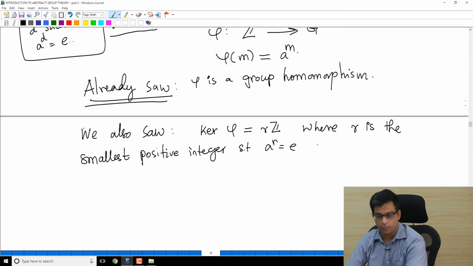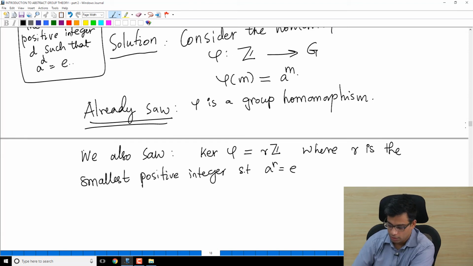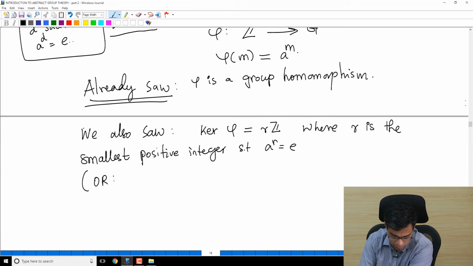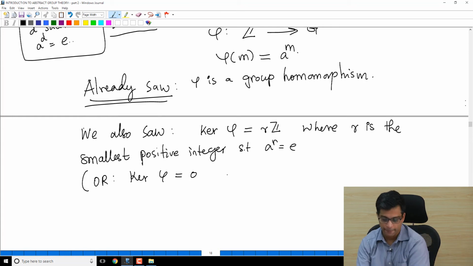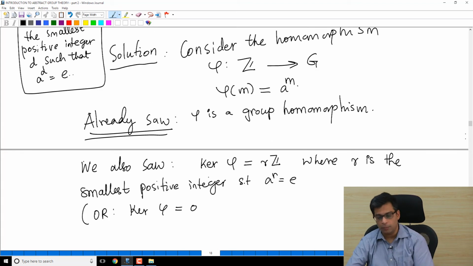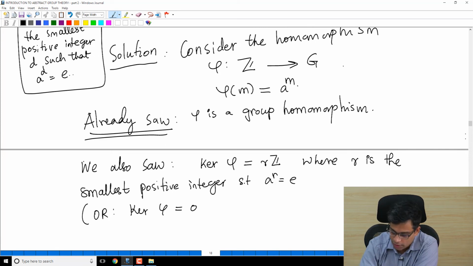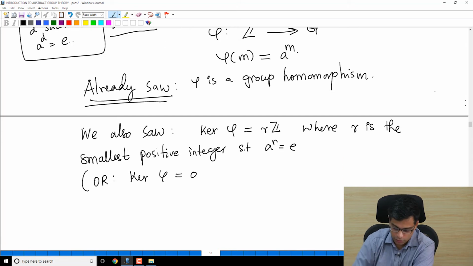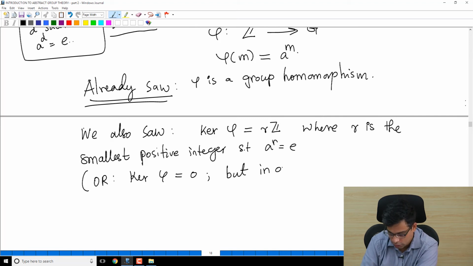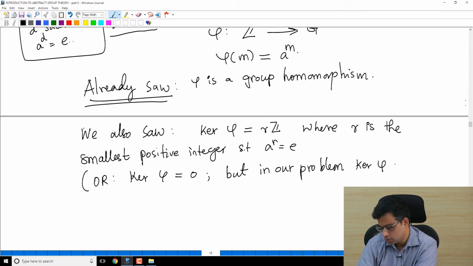Remember, in general there is another possibility. Kernel of phi may be either RZ or kernel of phi is 0. This is also possible in general because there may not be any kernel of this map. That means A^m may never be identity for any positive integer. Okay, so this is a possibility in general, but in our problem kernel phi is not {0}.